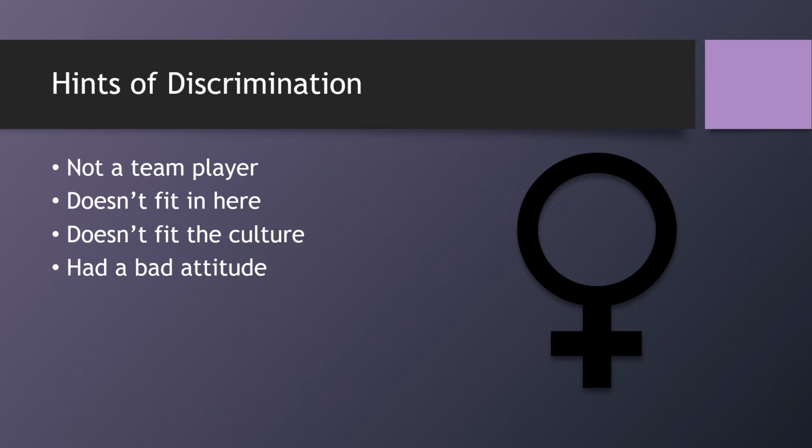But if it says not a team player on a review for the only African American employee in a department, that's an entirely different message, and that can be a problem. That's why it's very important to stick to the facts. Not a team player is an opinion and is not a fact, and it can get you into hot water.